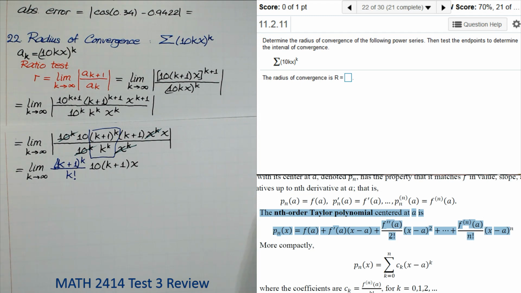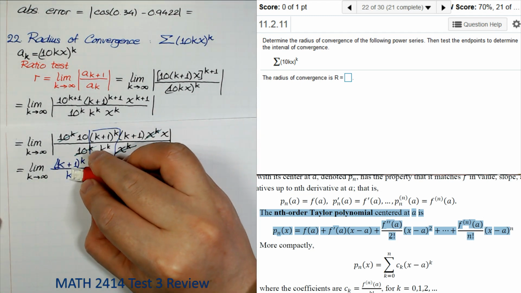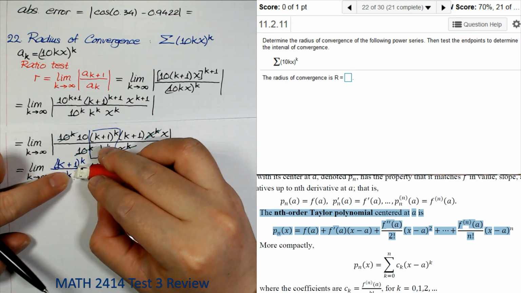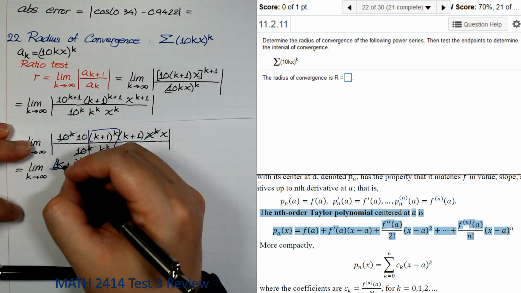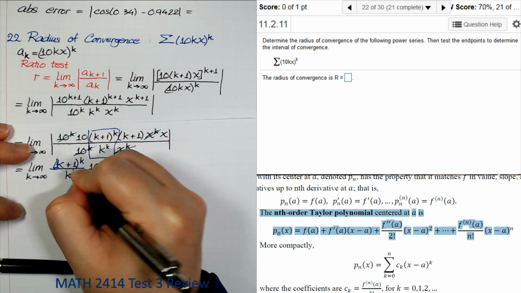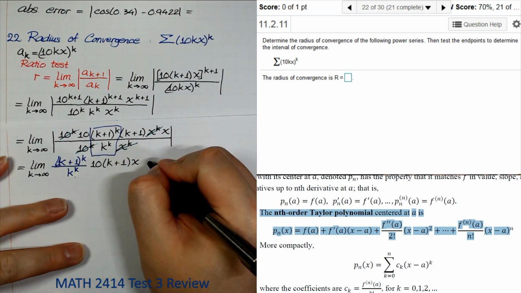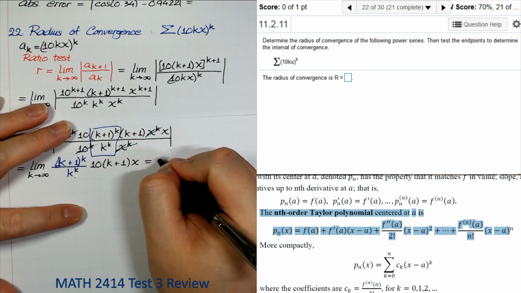Why do I write k factorial? Right. And I will bring both of them under the power of k.